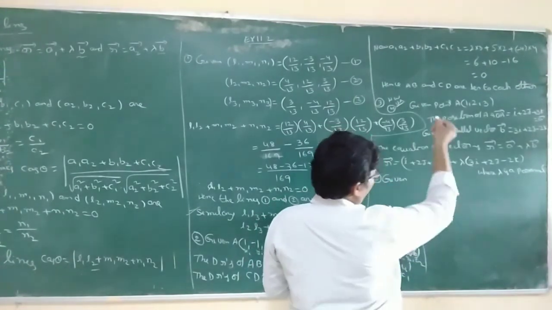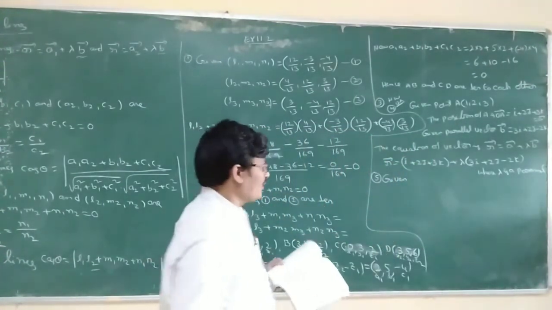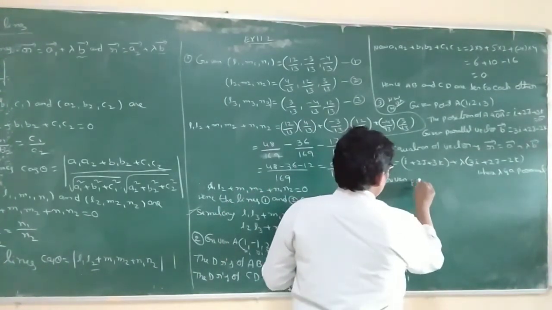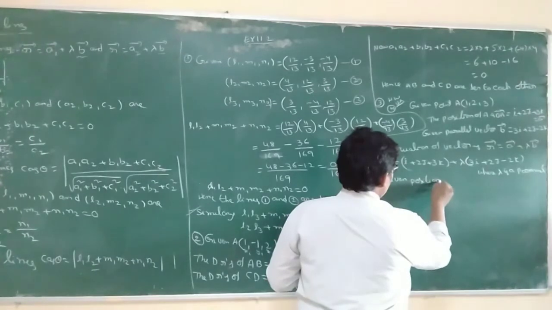Position vector is nothing but a point. Passing through the point is nothing but the position vector. Given position vector.